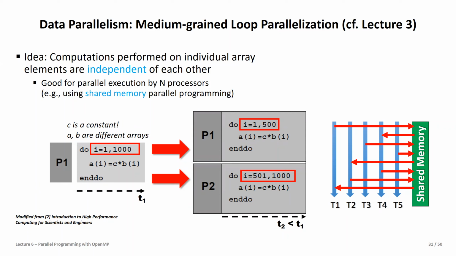Again, to repeat, it's independent to multiply this constant with any other item here. I hope you see that. That's a very important thing, and could also be an exam question. That's why this is independent parallelization.